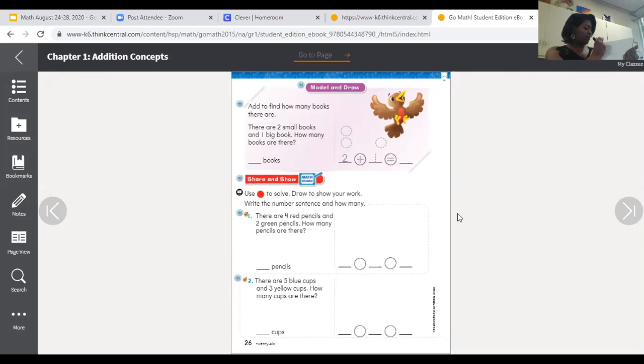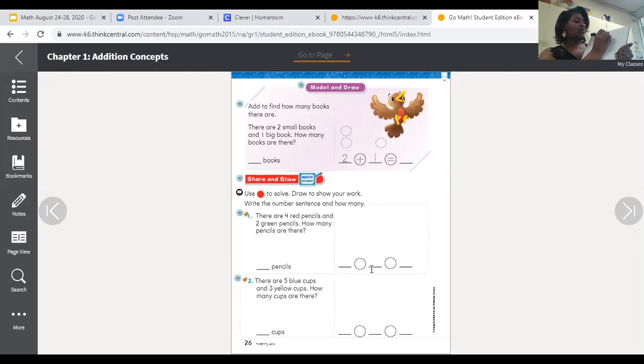4 and means add, so we're going to write a plus sign in that bubble. 4 plus, how many green? 2. And what goes after the 2? My equal sign. And we're trying to figure out how many. So let's see. 1, 2, 3, 4. 1, 2.